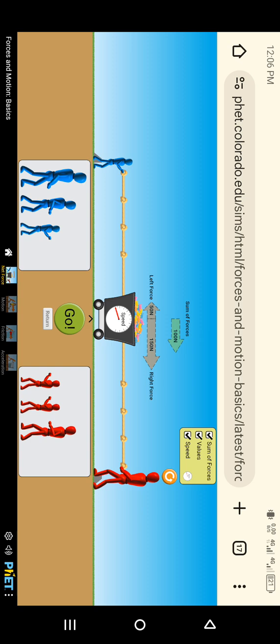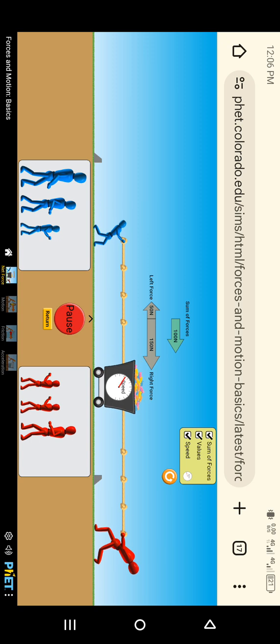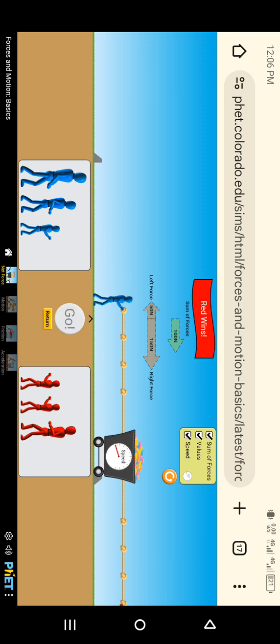According to the magnitude of force, you can see the sum of the forces will be 100 newtons, acting in the rightward direction. This means that red has to win. Let us see. Wow, red wins.